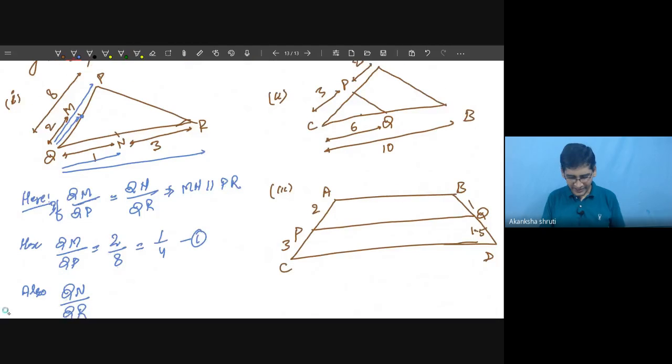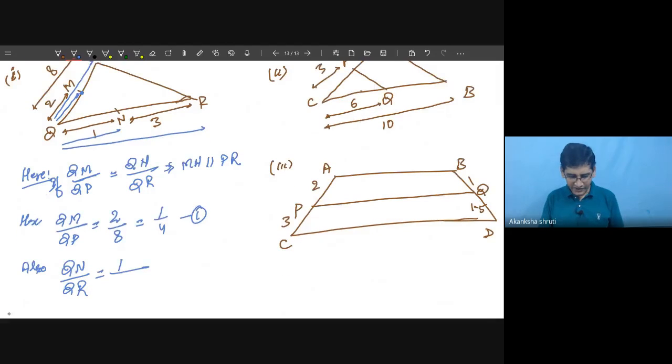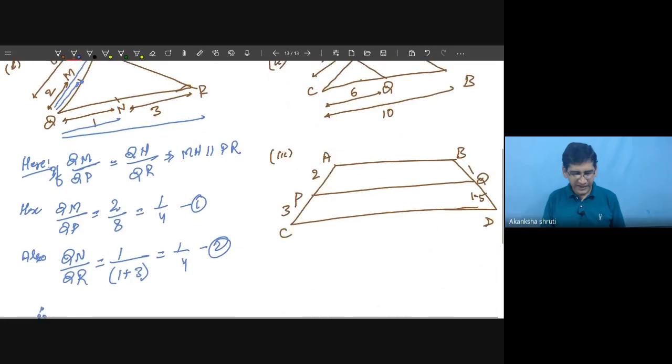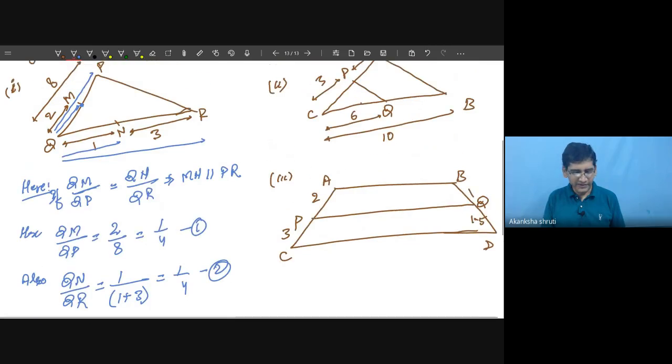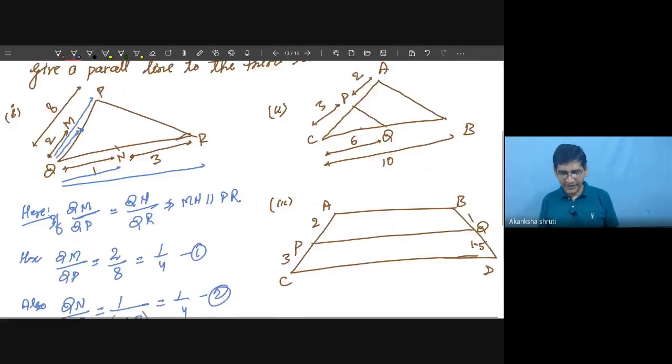The bigger length we have taken in the denominator. So write this. QN is given as 1. But for QR, we need to add 3 to this 1, because the length QN is 1 and NR is 3. Here again we are getting 1 by 4. So therefore, we can say this MN is parallel to the remaining side, PR. So this way you can verify whether they are parallel or not.